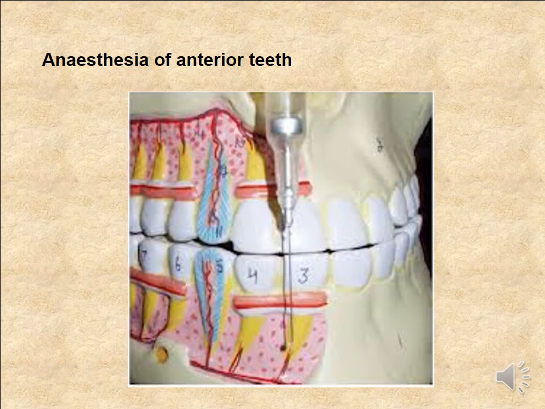So we can do the infiltration technique for upper central, lower central, and lateral and canine, up to the first premolar in children or young adults. We give it within the deep vestibule for anterior teeth, central, lateral, and canine, parallel to the long axis of the crown, and within the deep vestibule we insert the needle and give local anesthetic solution for each tooth.